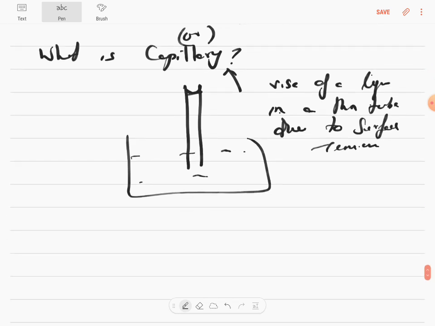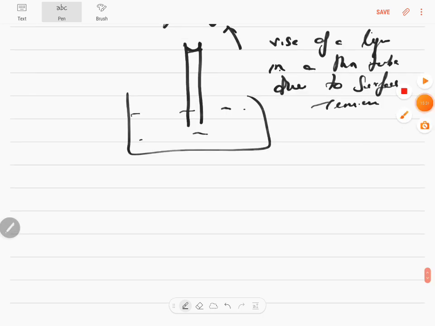So the phenomenon of the rise of the liquid in a thin tube due to surface tension is known as capillarity. Give examples. Okay. So the practical life example that you can talk about is the ink rising in the pen.